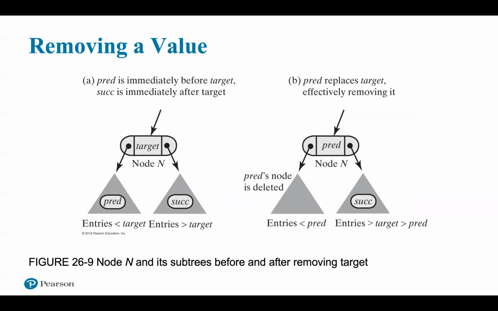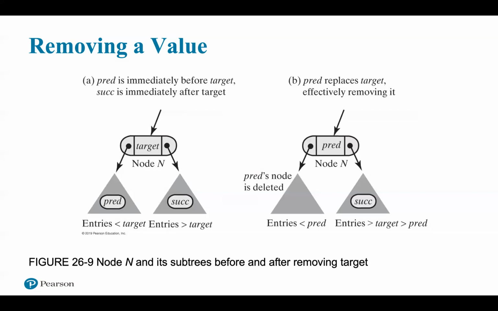So if we imagine the tree's entries in ascending order, let pred be the entry that is immediately before target, and let succ be the one that is immediately after. An in-order traversal of the tree would visit these entries in the ascending order pred, target, and succ. Thus, pred is called the in-order predecessor of target, and succ is the in-order successor of target.